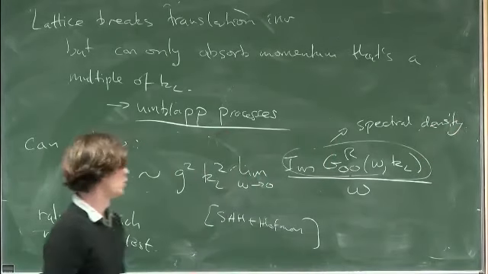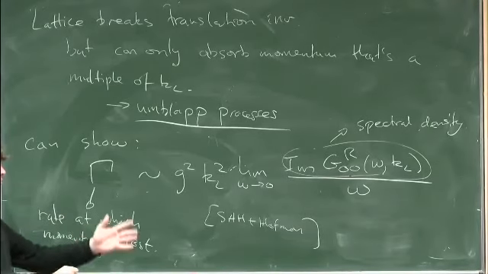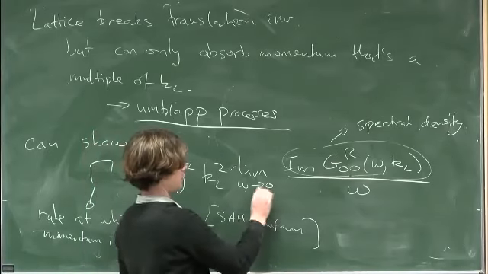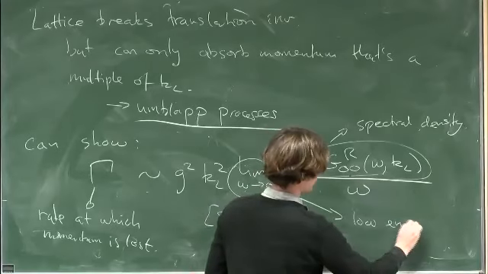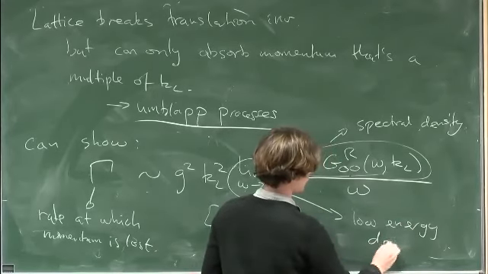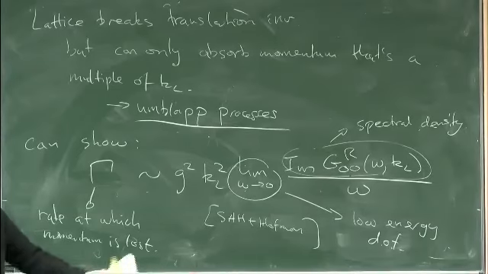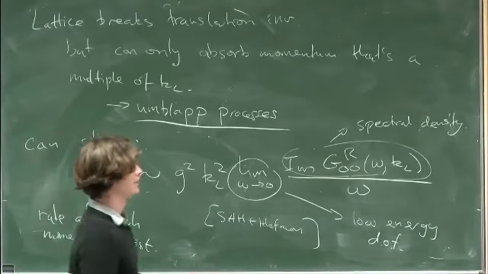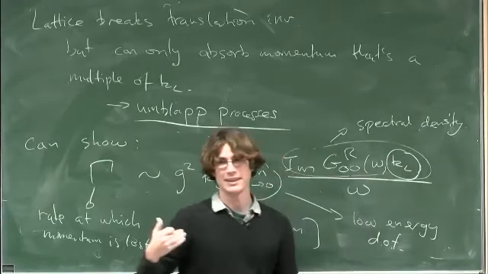Now, because we're really interested in the DC conductivity, the thing that resolves this delta function at zero frequency depends on the low energy degrees of freedom. So we want the low energy degrees of freedom in the system. And if you send your charge carriers through the lattice, the only degrees of freedom that see the lattice, in terms of losing momentum, are the ones at the lattice momentum.